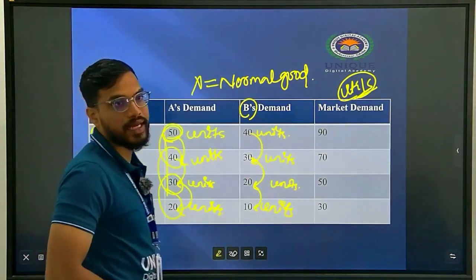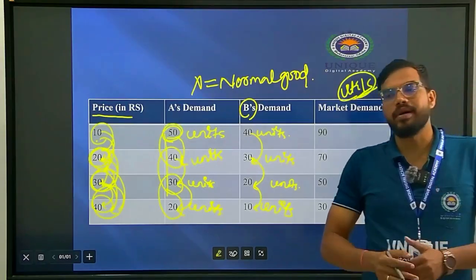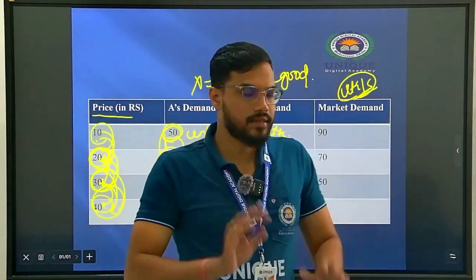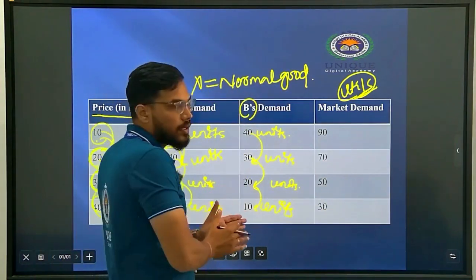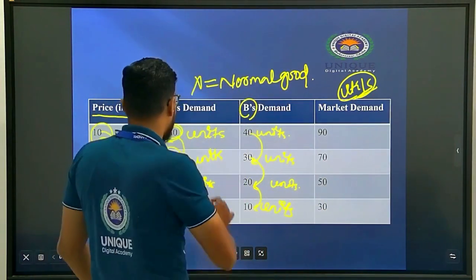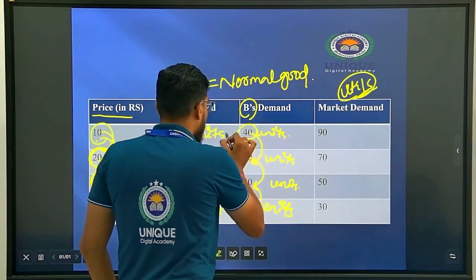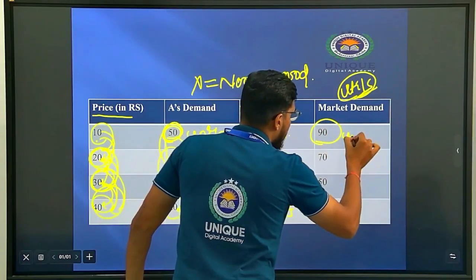So, what is market demand? The market demand is the total demand for commodity X. Now, we can add that. So, 50 units plus 40 units, market demand is 90 units.